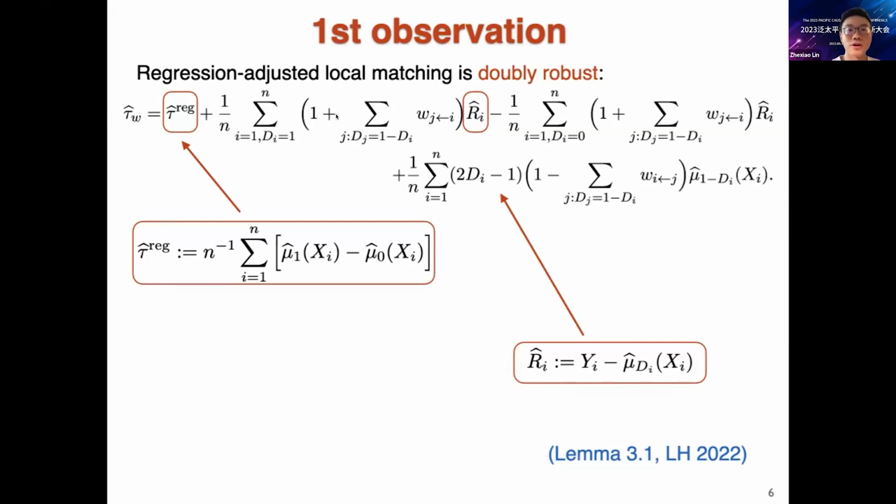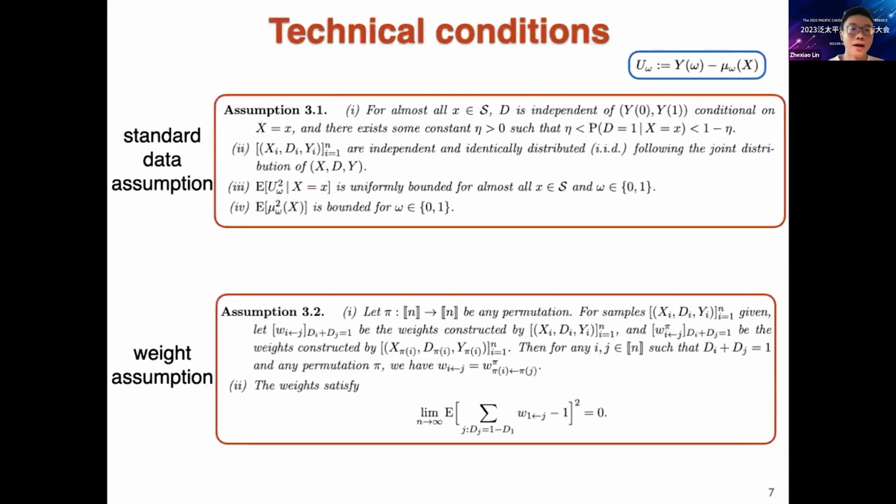That's what we'll show in the next few slides. Actually, the imputation method intrinsically estimates the propensity score. That's why this estimator will have the doubly robust property.